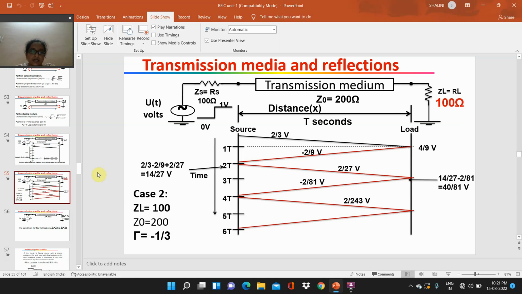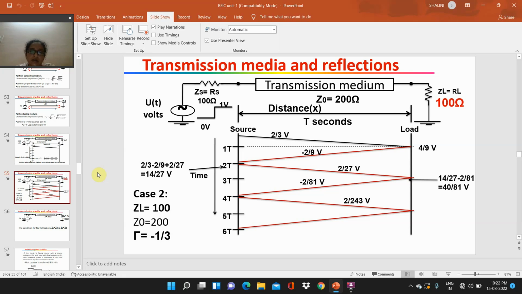Next, here there is the possibility of reflections. Here the source observes 4 by n volts, and the remaining volts get back to the source and are again reflected, again come back to the source, again reflected and again come to the source.